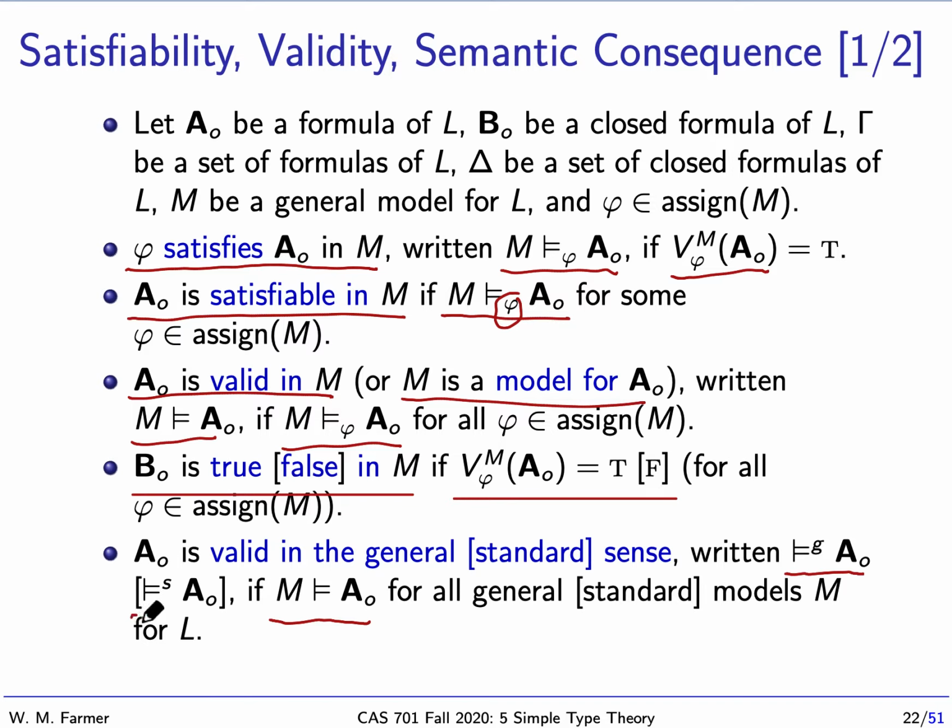And then we have something similar for standard models. A is valid in the standard sense, which we write like I wrote right here, if M is a model for A for all standard models for L.